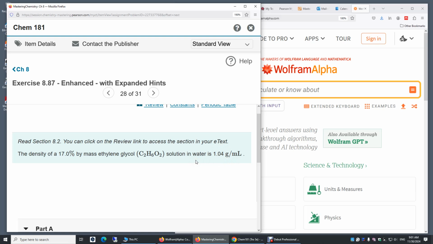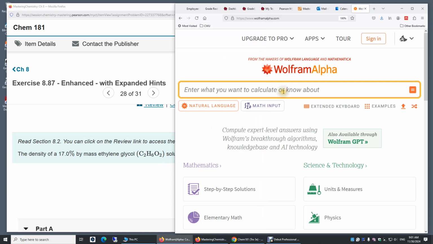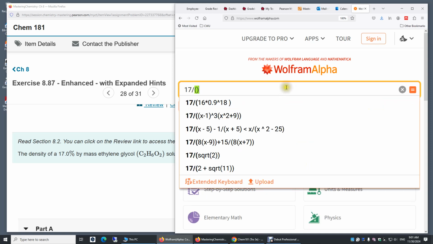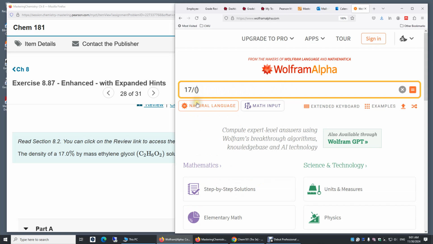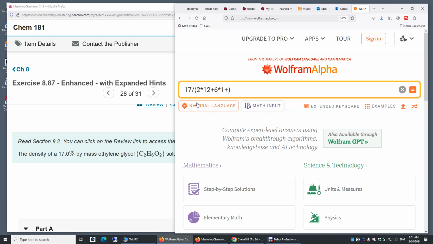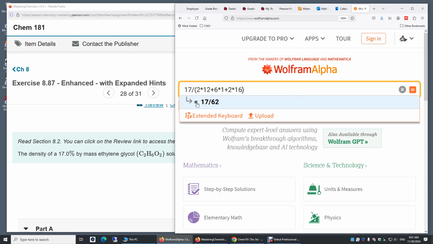Again, we assume there is 100 grams of such solution, and then 17 grams of ethylene glycol, which has 2 carbon, 6 hydrogen, and 2 oxygen atoms. So you can see the molecular formula.